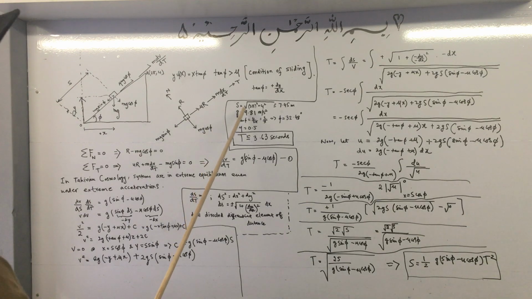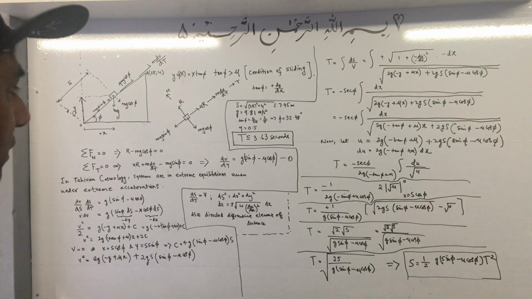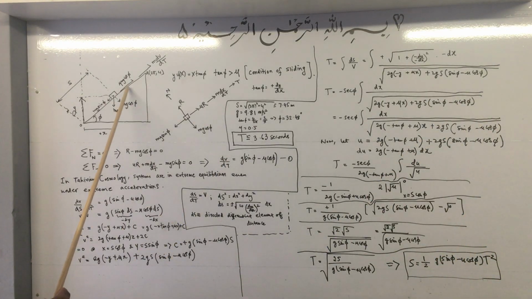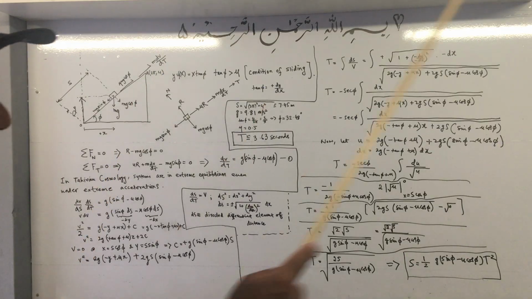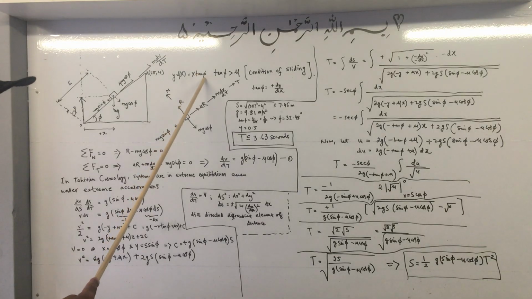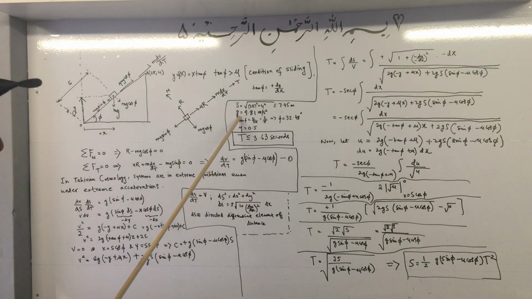So we release the body from here, 2 pi to 4, because eventually we are going to compare this time with the time it takes on the cycloid. Here, when something slides on an inclined straight line plane, the equation is y equals x tan phi, y equals mx, the equation of a straight line passing through the origin.